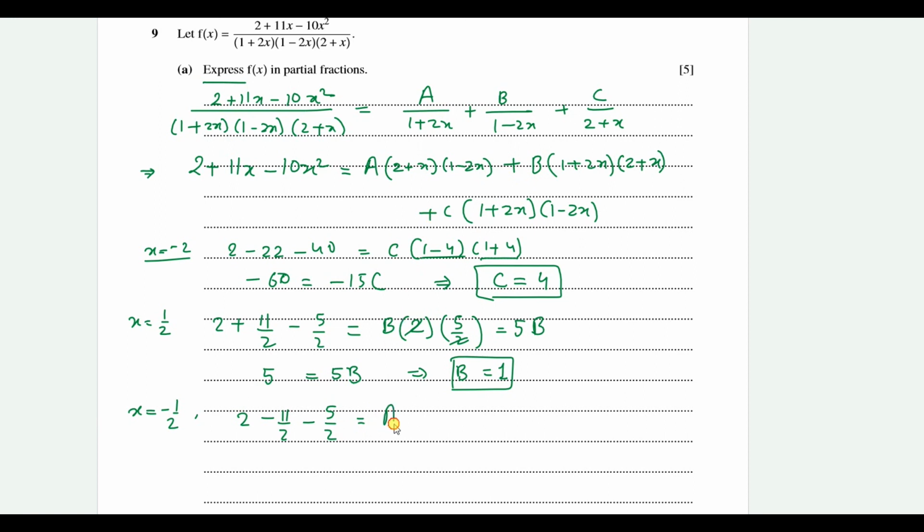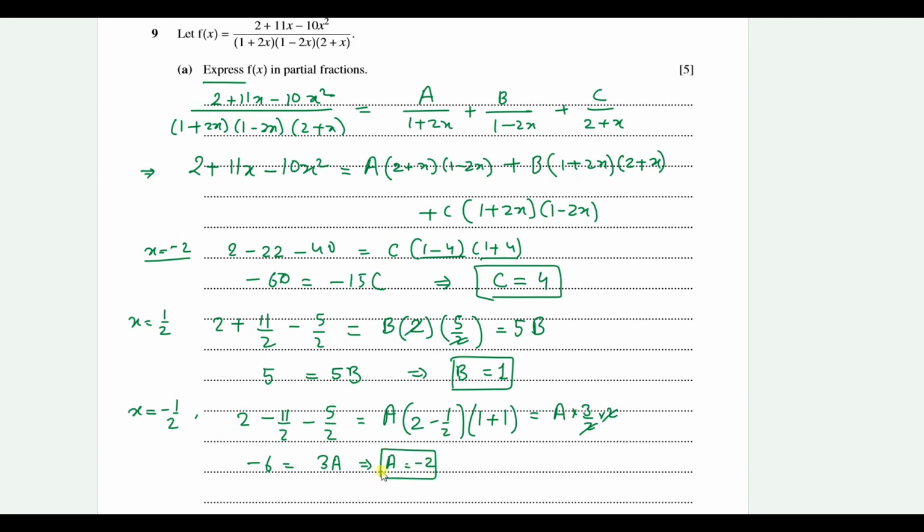So A times (2 minus 1 by 2) into 1, so you got it as 2 into 3 by 2, A into 3 by 2 into 2 cancelled. So from here minus 11 minus 5, minus 16 by 2 is minus 8 plus 2, is minus 6 is equal to 3A, and hence A becomes minus 2.